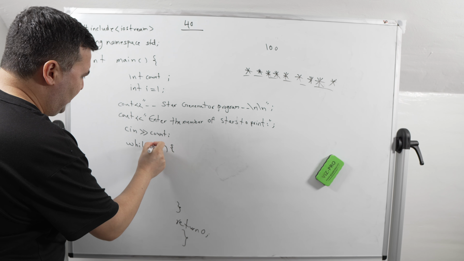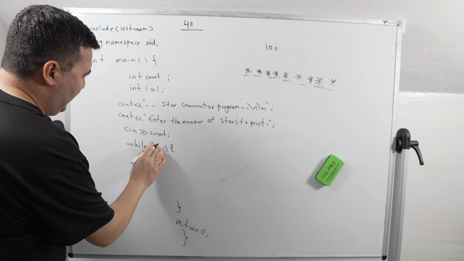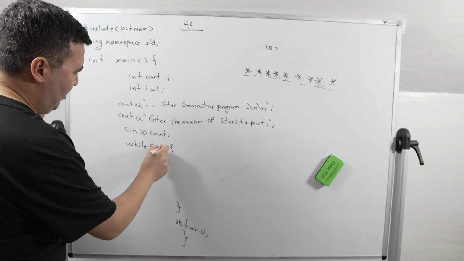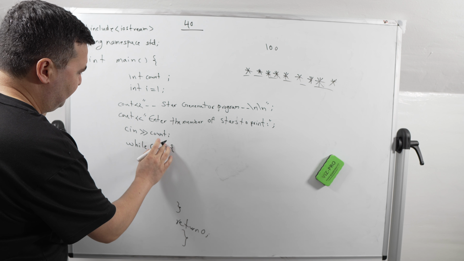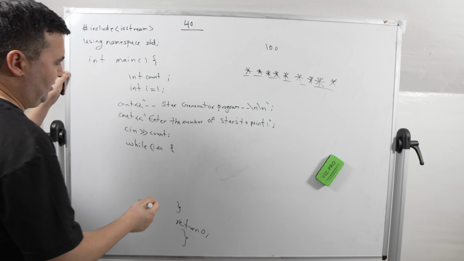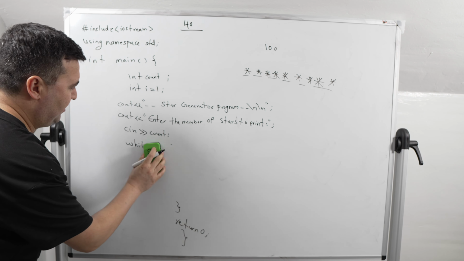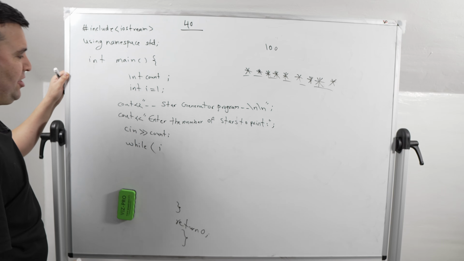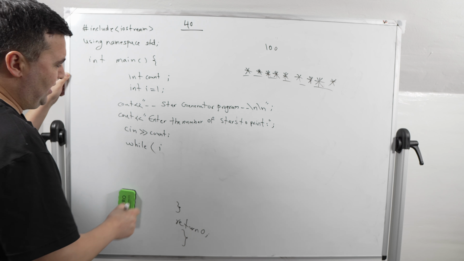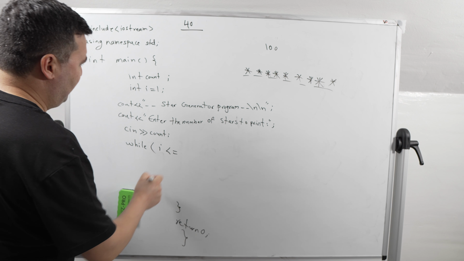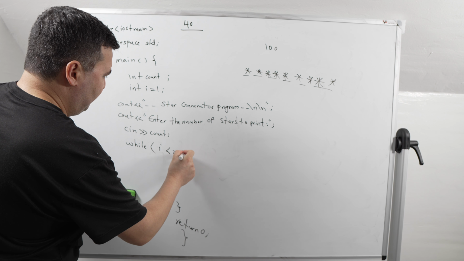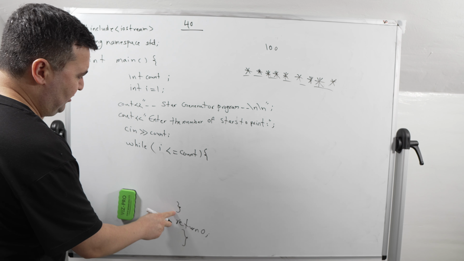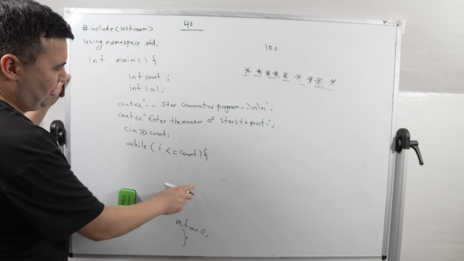So here I can say i is smaller than or equal to the count. Here we check our condition: i is smaller than or equal to count. And then we open the curly braces and we close.